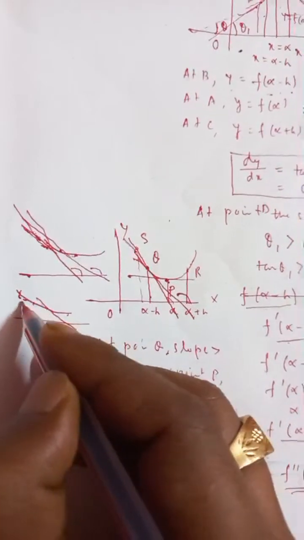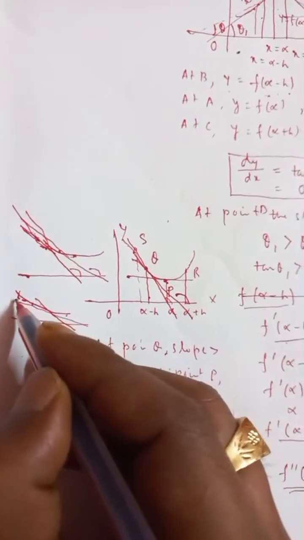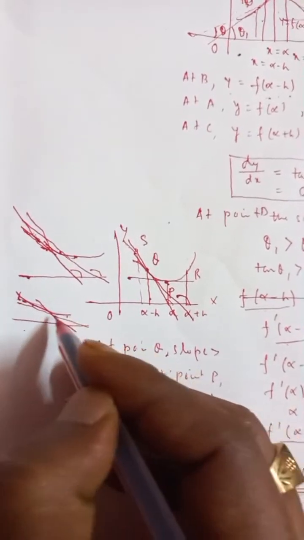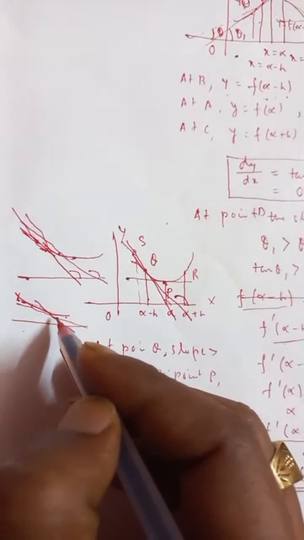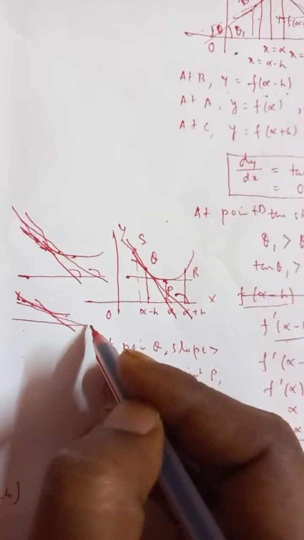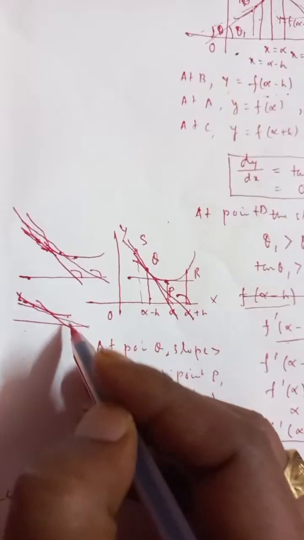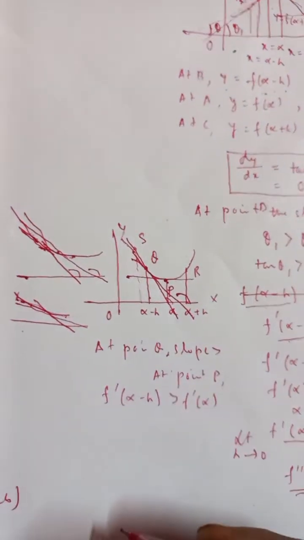Here the slope with the x-axis. Here the slope with the x-axis. So the farther the points are from the minimum point, the slope is increasing, and the nearer points to the minimum point, the slope is decreasing.